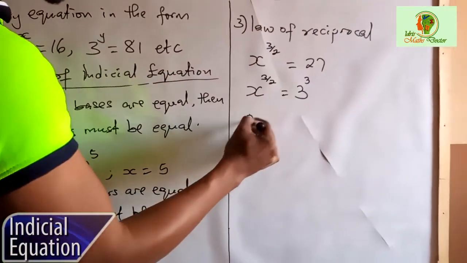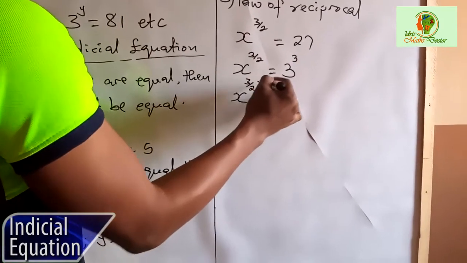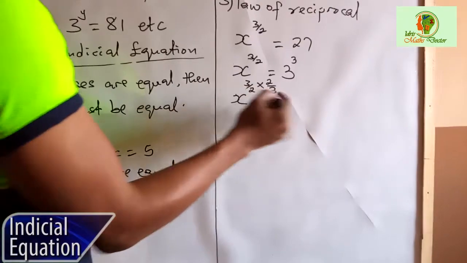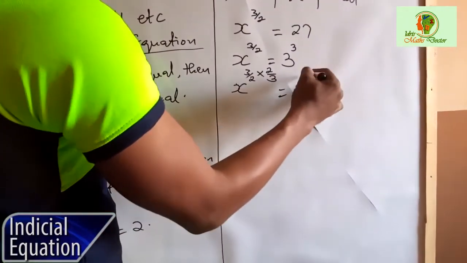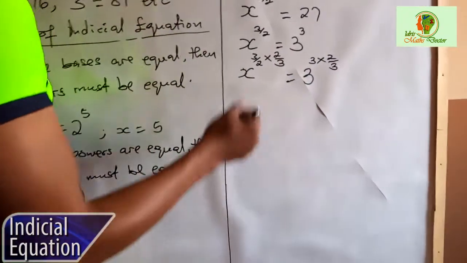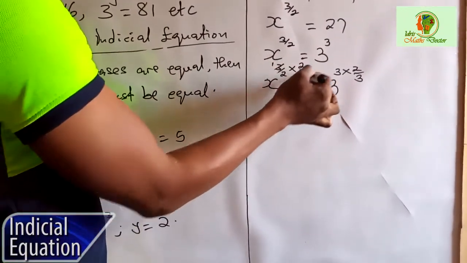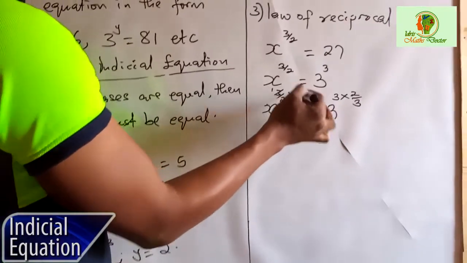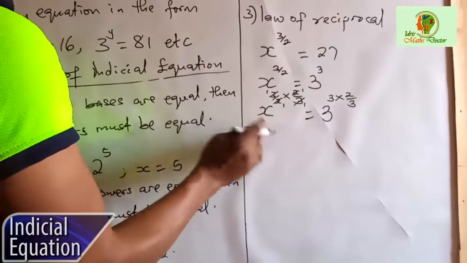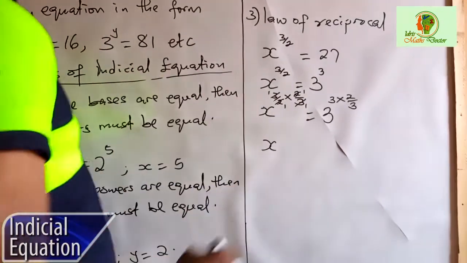So you use that to multiply both powers, that is 3 over 2 times 2 over 3, once again the reciprocal, equal 3 raised to power 3 times 2 over 3. Now, if we cancel, 3 divided by 3 is 1, 3 divided by 3 is 1, 2 divided by 2 is 1. You discover that the left hand side is x raised to power 1, which is x.